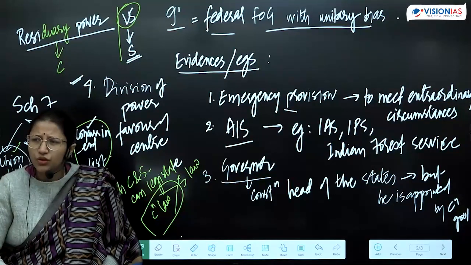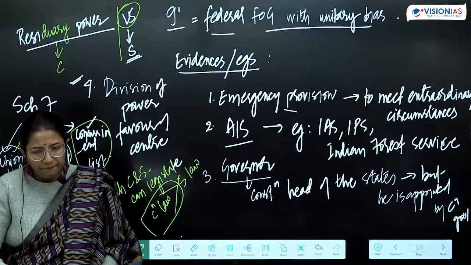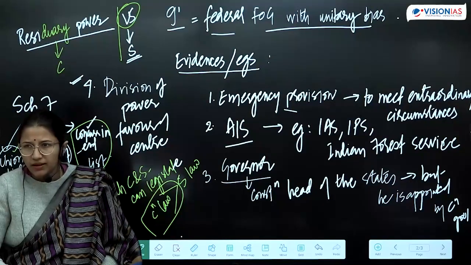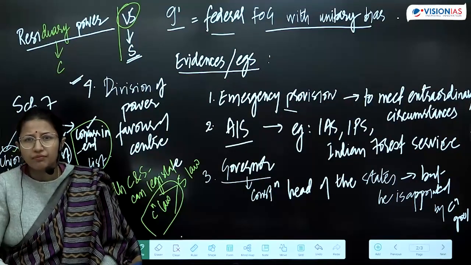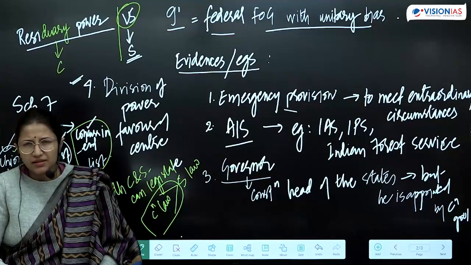Why did we go for such a model of federation? What circumstances?